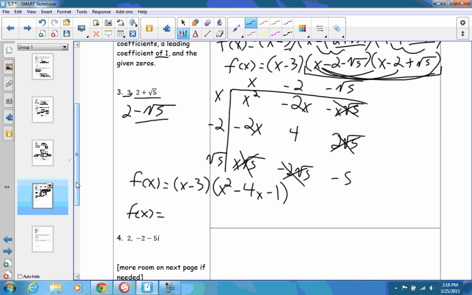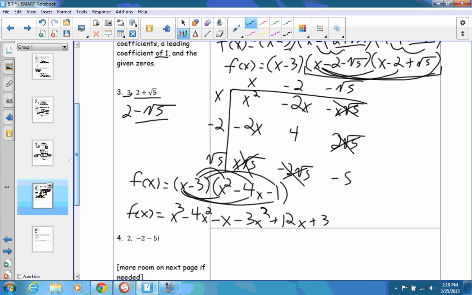If you want to do another box, totally fine, but I'm going to do lines. x times x squared, x cubed, x times negative 4x, negative 4x squared, and x times negative 1. Right, then the 3. Negative 3x squared, positive 12x, and negative 3, right? 3x cubed or squared? Yeah, it's squared.